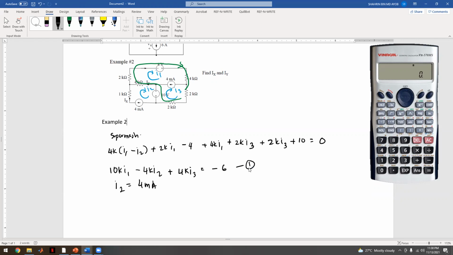So you can substitute I2 into equation number 1. It will be 10K I1 plus 4K I3 equals negative 6. Negative 4 multiplied by 4 is negative 16, and moving it across it becomes positive 16, so the right side is positive 10.